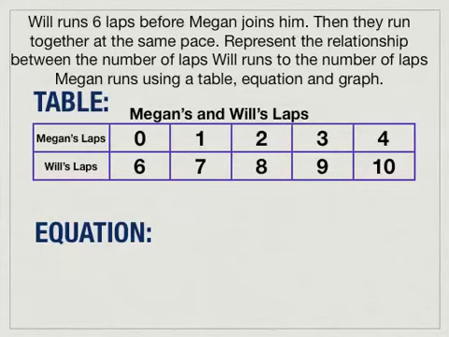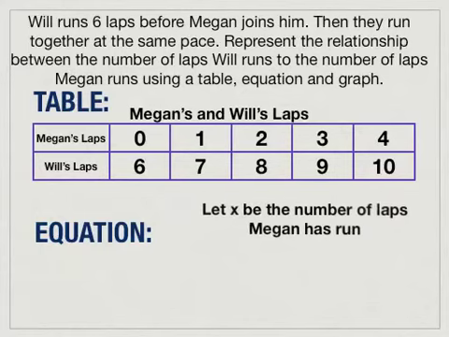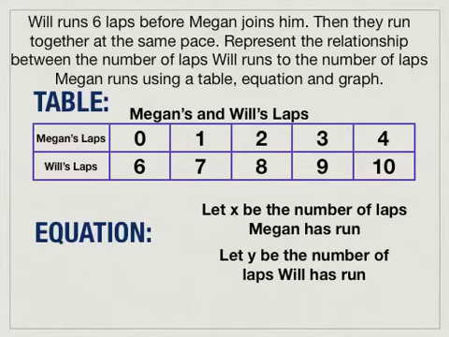When we are writing an equation, we need to define our variables or tell what the variable represents. So in this case, my x values are going to be the number of laps Megan has run. That was my starting place, so I'm going to start with let Megan's laps be x, and let Will's laps be y.